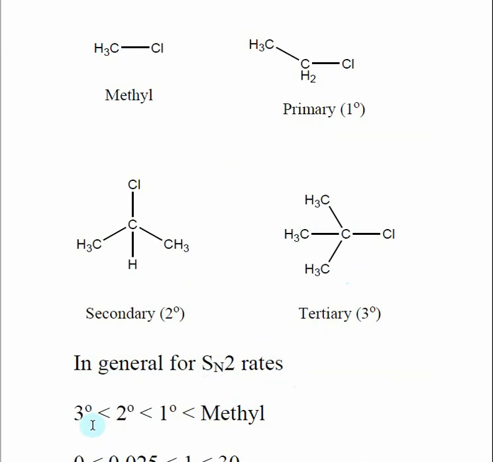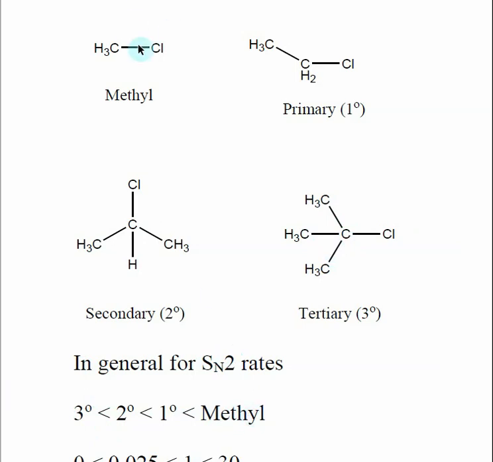If I generalize and ask what the general rate is for SN2 reactions between tertiary, secondary, primary, and methyl halogens, the tertiary halogen is going to be the slowest because we have three alkyl groups coming off of our electrophilic carbon. When we form our transition state where these three bonds are in the same plane, it's going to be very sterically hindered.